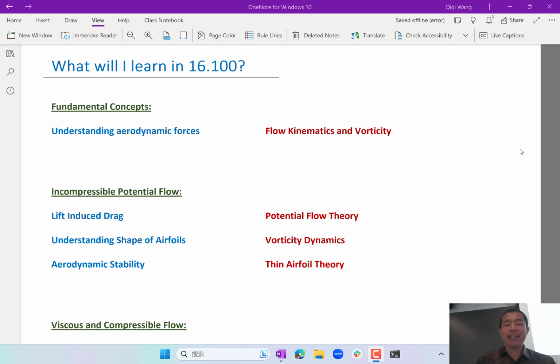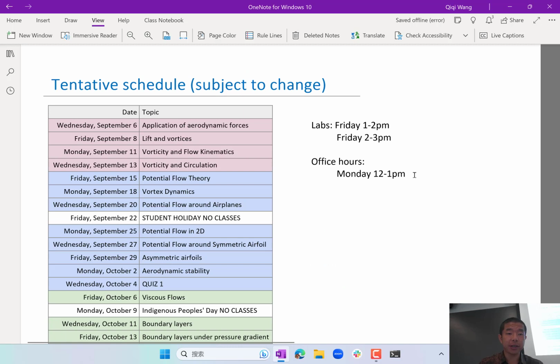All right. And so today we're going to continue on the fundamental concepts, understanding aerodynamic forces, and we'll lead into flow kinematics and vorticity. All right. And so here's a tentative schedule. So today is the second class.